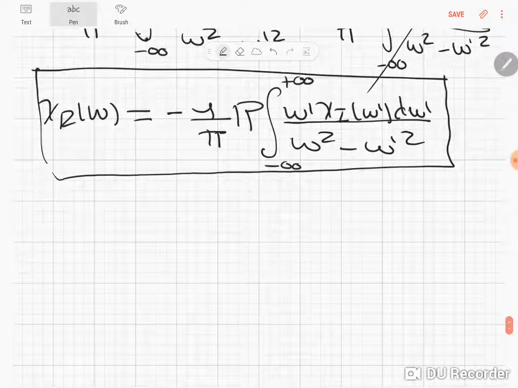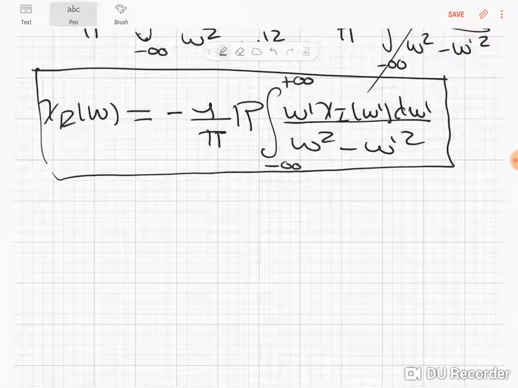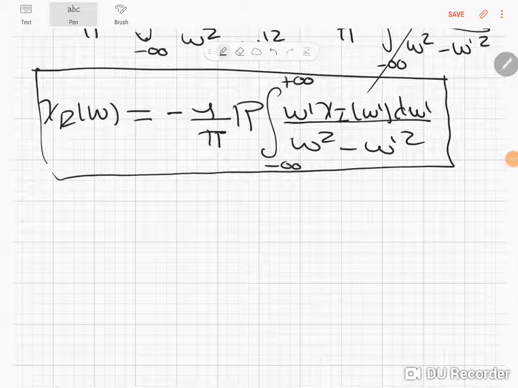Yeah, and the very same we can do really for the imaginary part. So then let's do it just really quick. Time 27 minutes, not so good, not so bad.